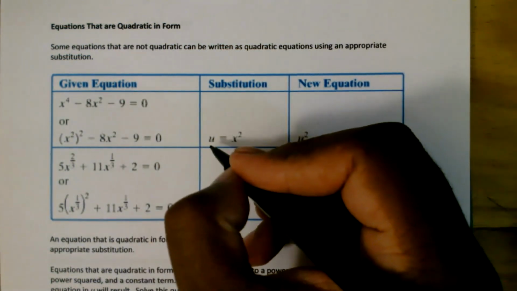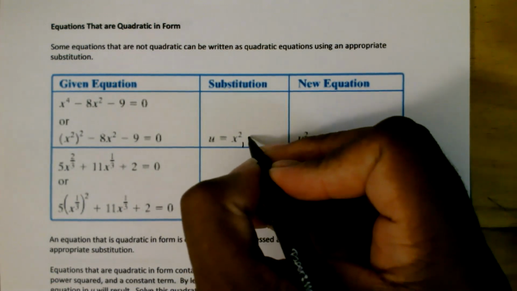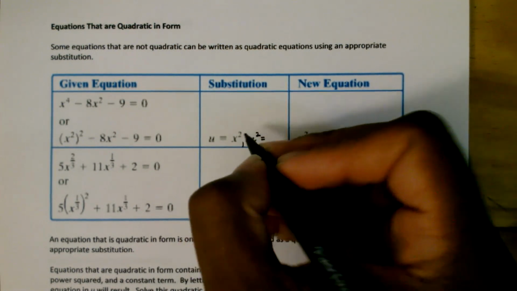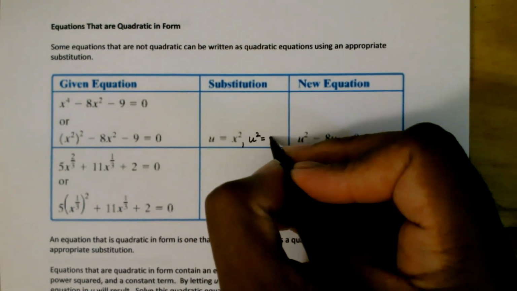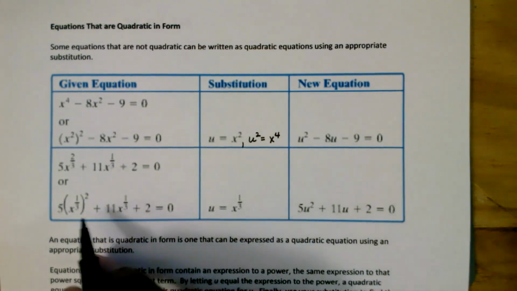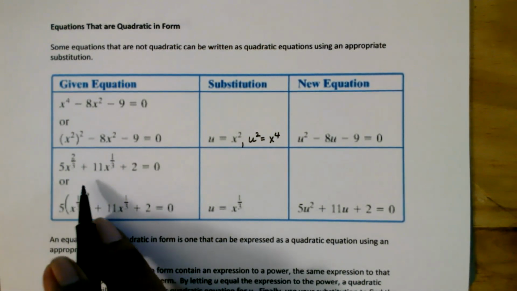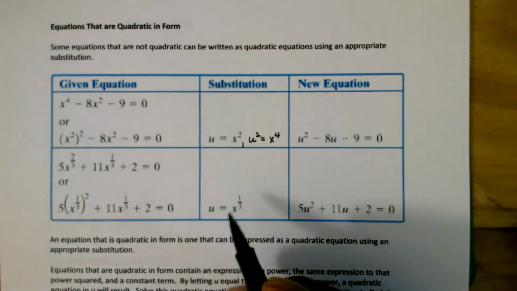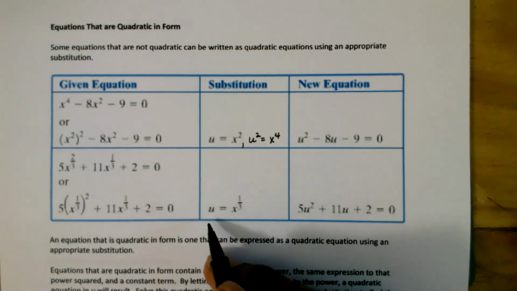That would be quadratic in form. And by the way, if you think of letting u be equal to x squared, that would mean if I square both sides, u to the 2nd would be equal to x squared squared, which is x to the 4th. And then you'll be able to make that appropriate substitution. Now for fractions like this one, 5x to the 2/3 plus 11x to the 1/3 plus 2 equal to 0, the appropriate substitution would be something like this.